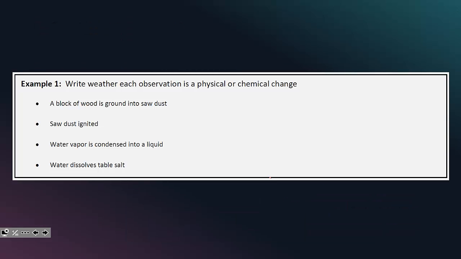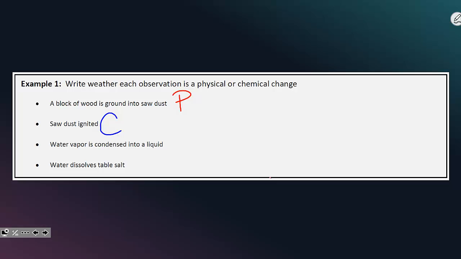So when a block of wood is ground into sawdust, I start with wood, I end up with sawdust. It's still wood, however. So this is an example of a physical property. But if I take that wood and light it on fire, that's a chemical change. I started with wood, I ended with carbon dioxide and water.